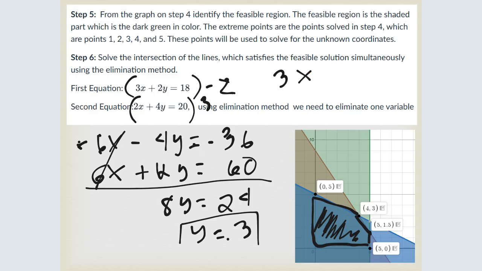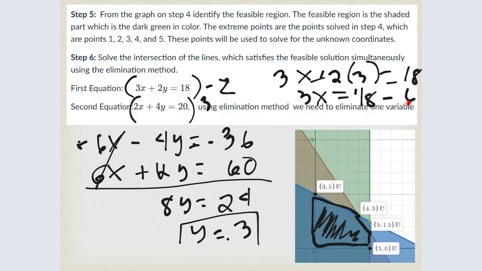For the first equation, 3x plus 2 times 3 is equal to 18. So 3x is equal to 18, then 2 times 3 is 6, so if we transpose, that is negative 6. So 3x is 18 minus 6, which is 12. Solving for x, 12 divided by 3 is 4. So the point is (4, 3). So we have now (0, 5) and (4, 3).